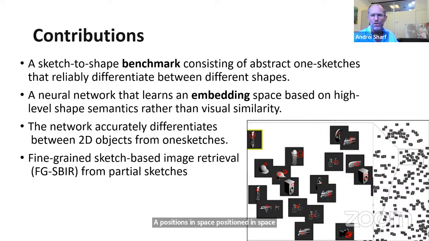And this embedding, I will show you shortly, is very interesting because it allows us to really understand shape abstraction and to perform tasks like image retrieval from very simple sketches. So it gives us a very high-level semantic representation of the shape space.